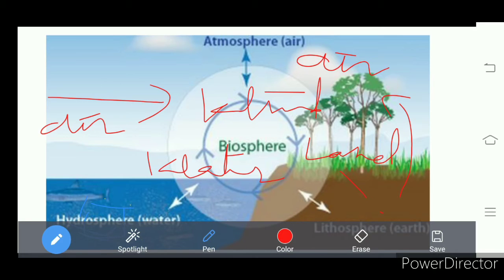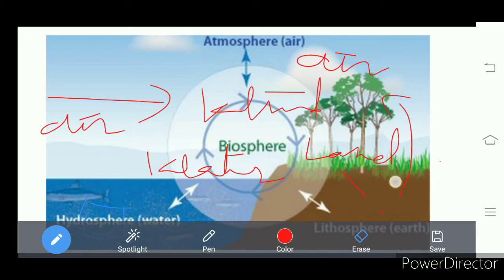That means air gets heat by the heat of the land. This is very important. When the land part becomes cool, then it influences air and water.